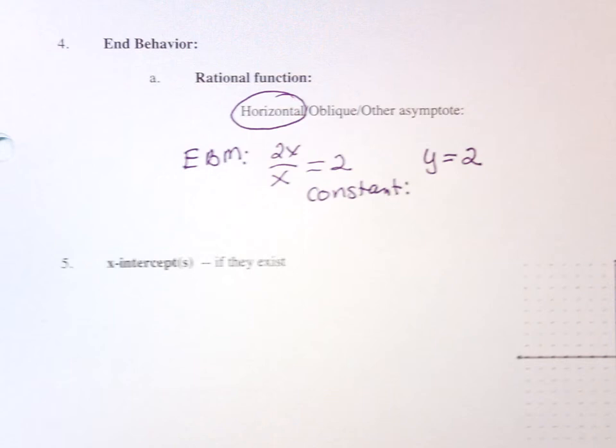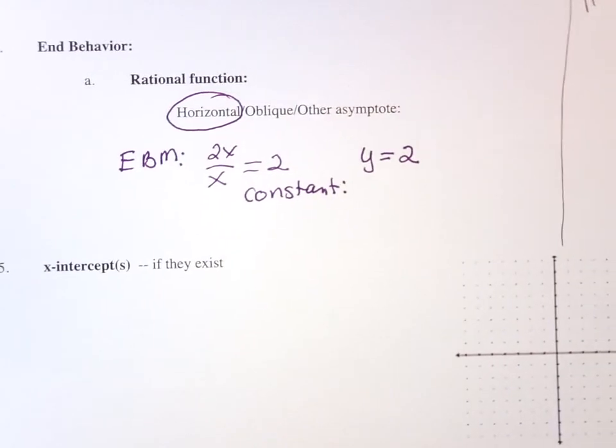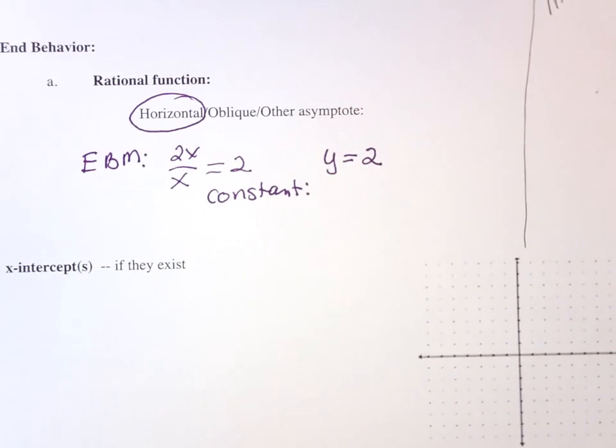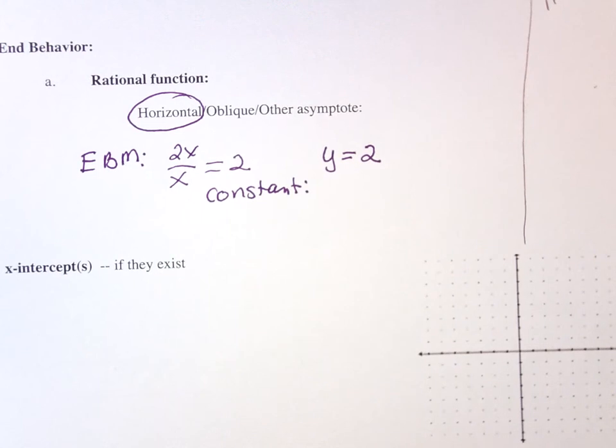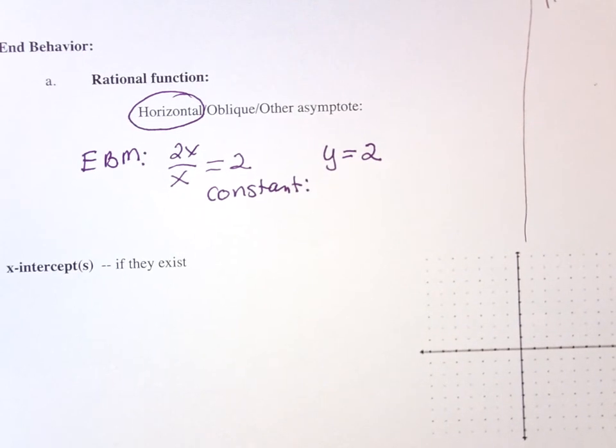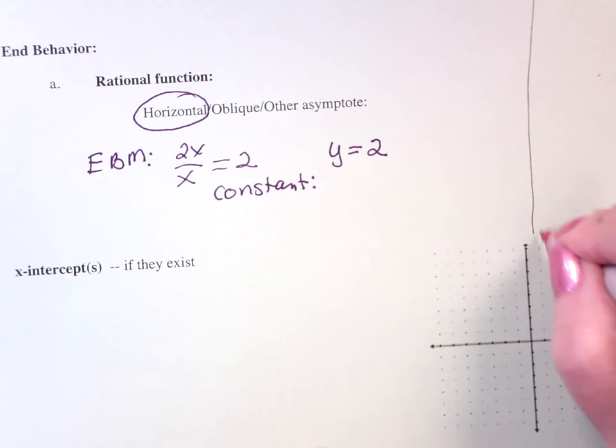Now what I do with my graph paper at this point, I put in the information that I have. I know that I have a VA at x equals 1.